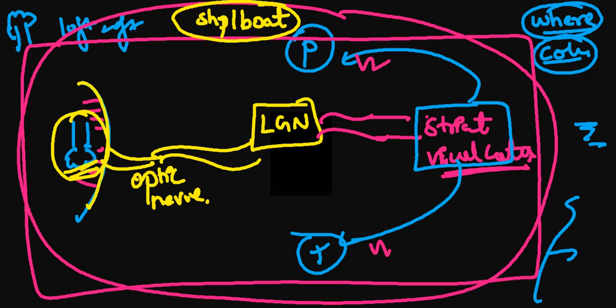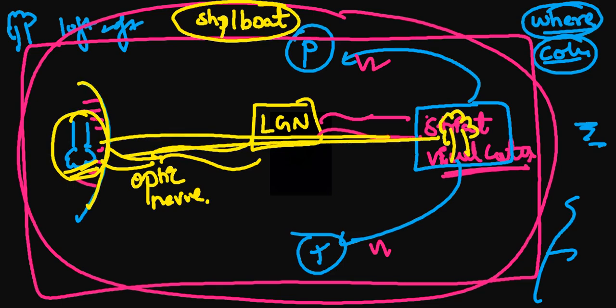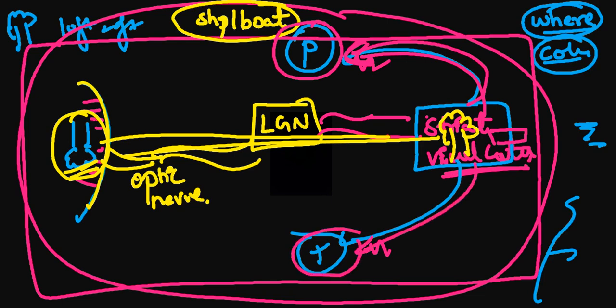And when this information goes till here, now the tree will become like this, or the boat or the ship will become like this. And after that, how far is that boat, what color, and all these things are possible because the information is reaching towards the parietal cortex as well and the temporal cortex as well.